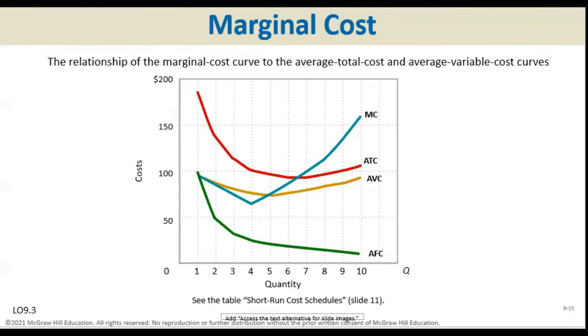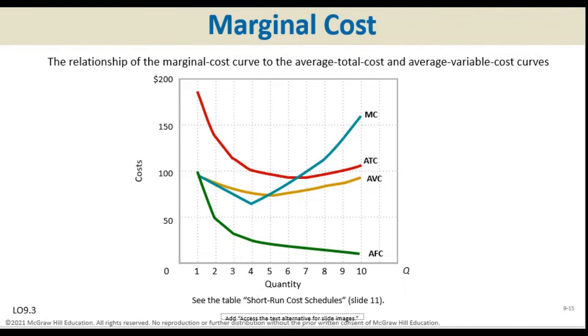If labor costs or any other variable input costs rise, then the average variable cost, the average total cost, and marginal cost also will shift up, right? And this graph shows the relationship of the marginal cost curve to average total cost and average variable cost.